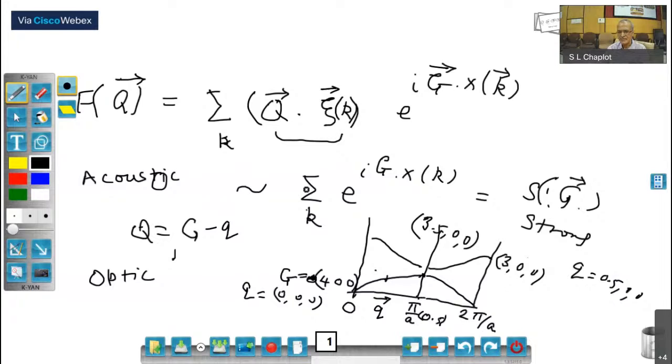So actually, instead of working this way, let me work this way. Normally one would measure this branch around 300, but in the opposite direction.